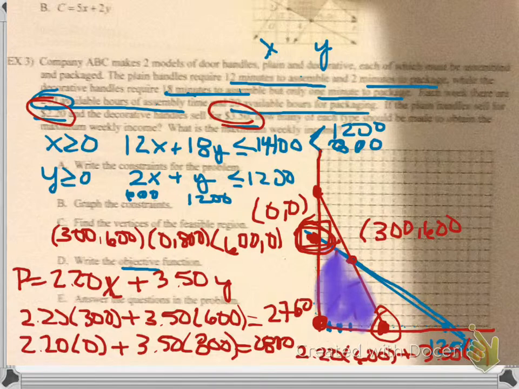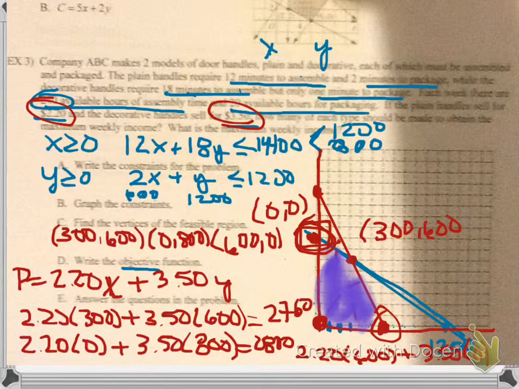What does that mean? It means, honestly, for this company, making plain handles does not make them the most profit. If they spent their entire week making 800 decorative handles and no plain handles, they would make more money than if they made some plain handles and not quite as many decorative handles.